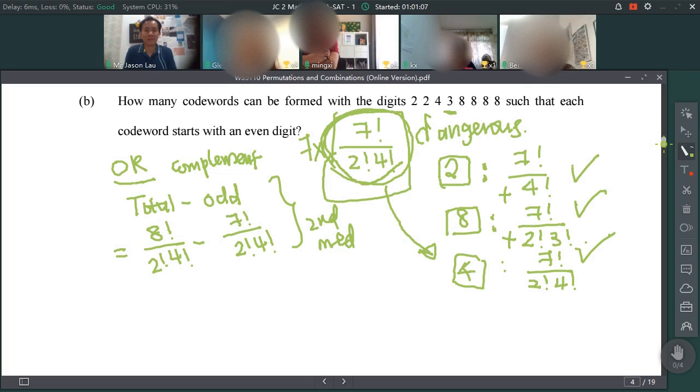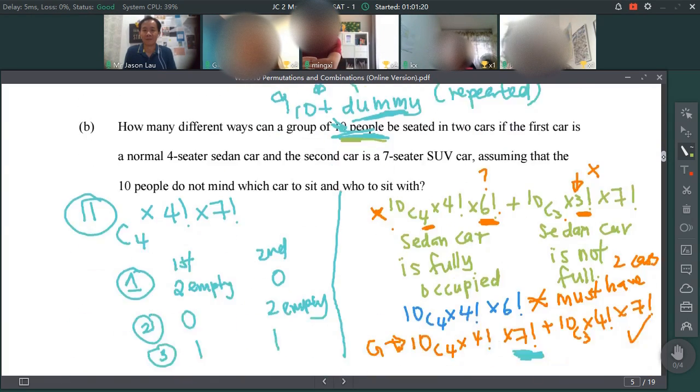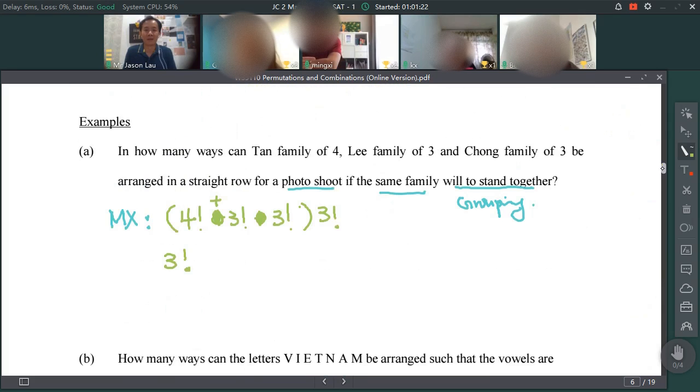You can say that, or you can say that they are just processes on their own. They finish the whole process on their own. Yeah, mutually exclusive events that have been completed on their own. Okay, so coming back here, 3 factorial would be the 3 families' intra arrangement.